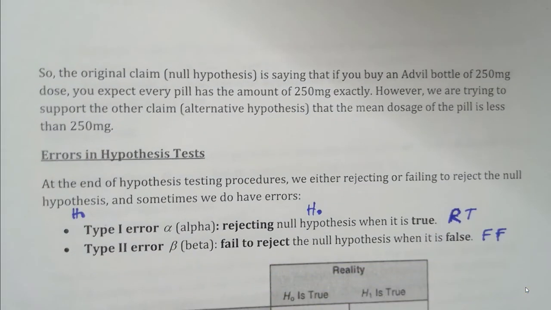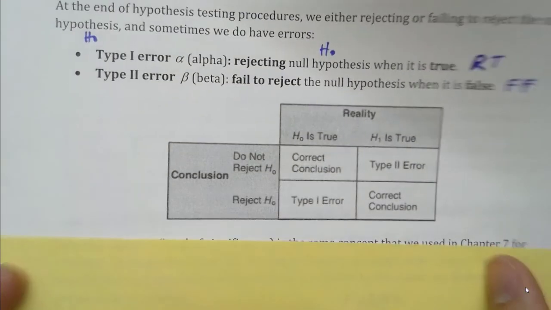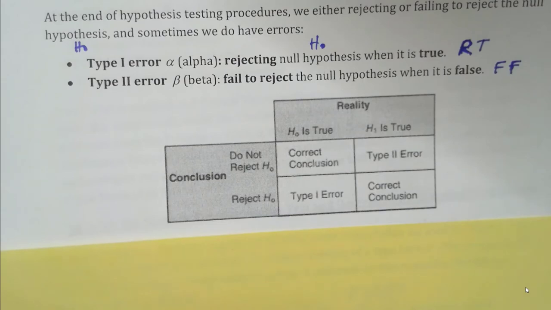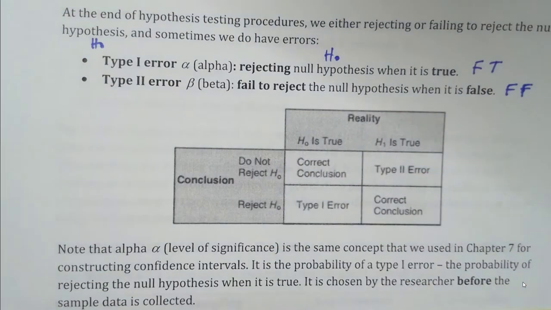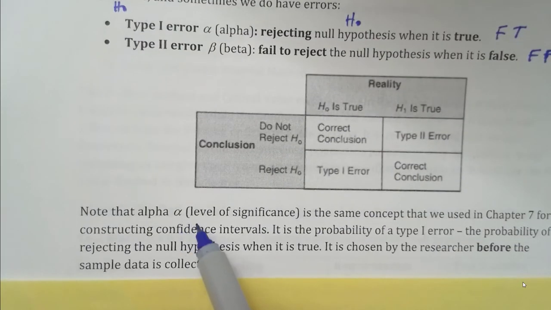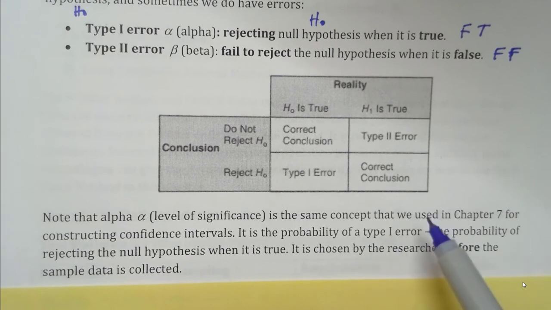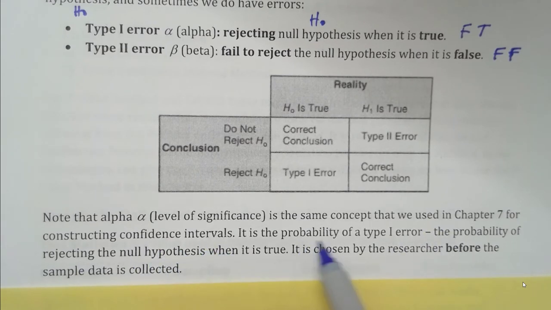And this table is just the demonstration of the errors here. Note that alpha, or the level of significance, is the same concept that we used in the earlier chapters for constructing the confidence intervals. It is the probability of the type 1 error.